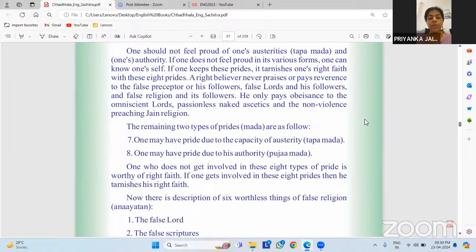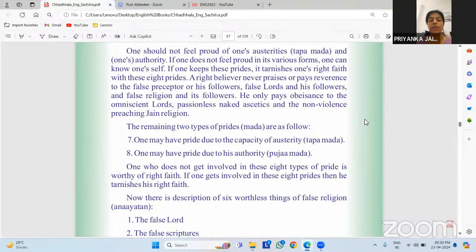One should not feel proud of one's austerities, tapmad, and one's authority. If one does not feel proud in its various forms, one can know one's self. If one keeps these prides, it tarnishes one's right faith with these 8 prides.